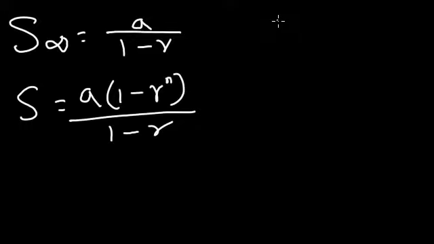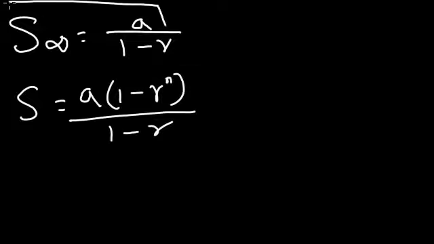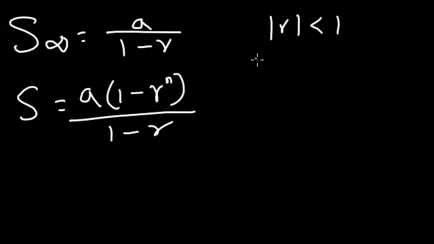Now, since the common ratio is less than 1, it can either be negative or a fraction less than 1. Sorry, I'm talking about the sum to infinity. We can't show it for a series whose common ratio is negative. So this formula is applicable if the common ratio is a fraction and its absolute value is less than 1. It must not be negative, you understand?